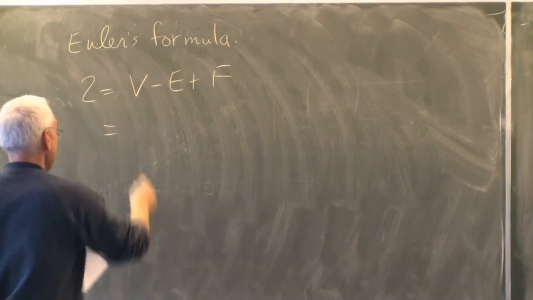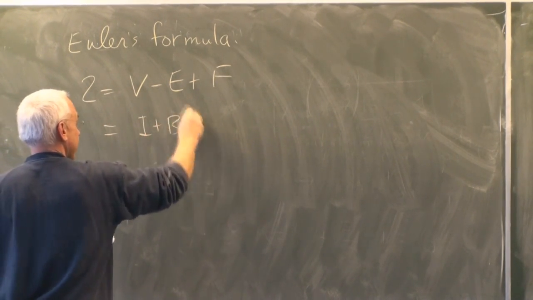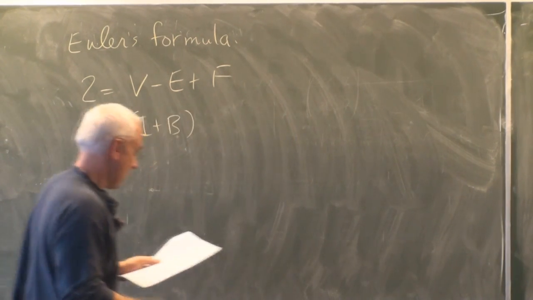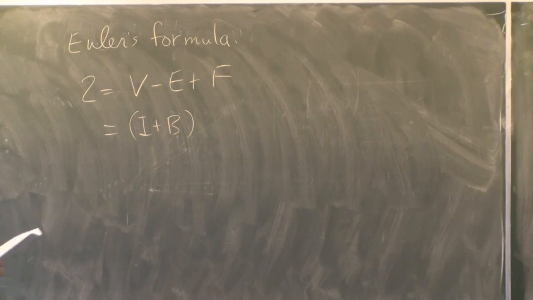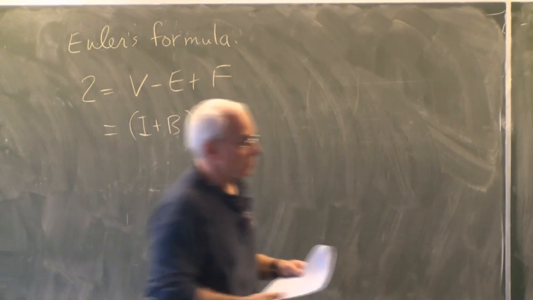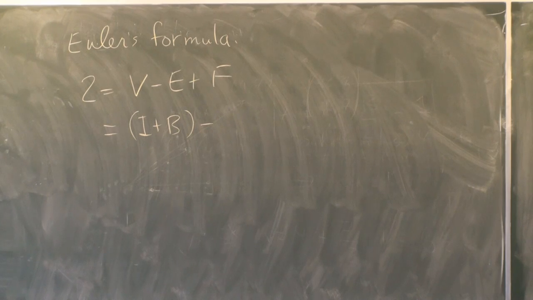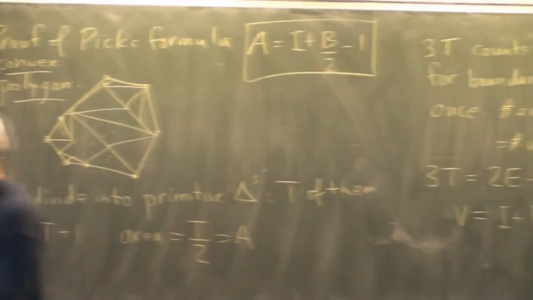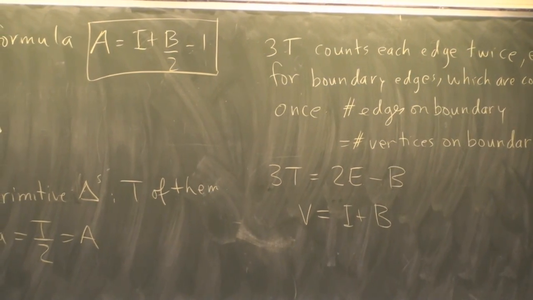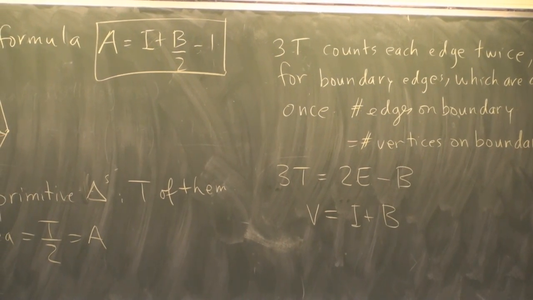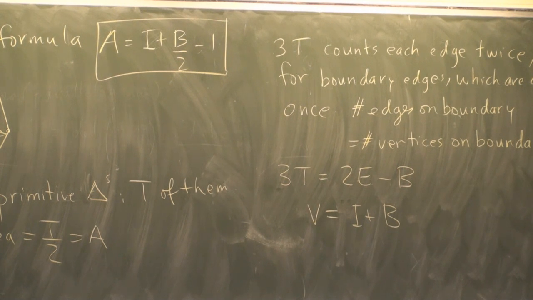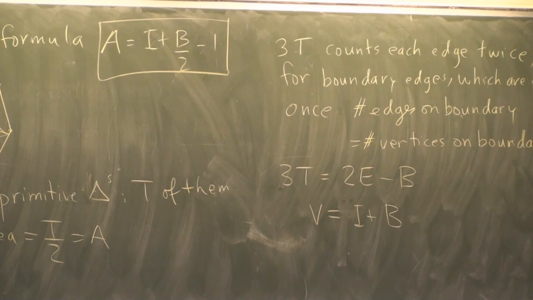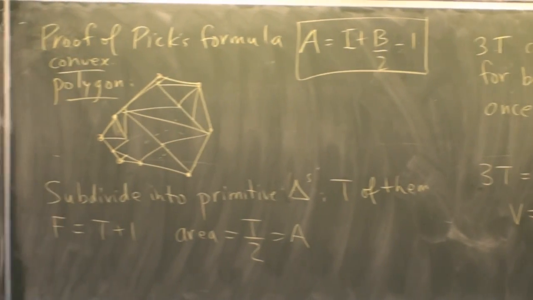V is equal to I plus B, from over there, minus the number of edges. Well, the number of edges we can solve from here: 3T plus B over 2. I'm going to separate it like that. Plus the number of faces, which we have from here, T plus 1.